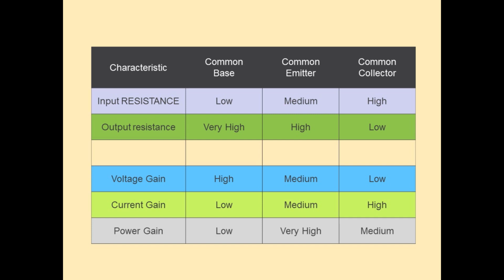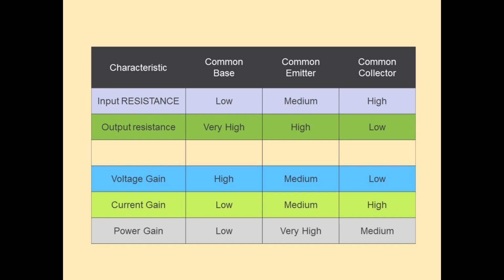In the case of common base configuration, current gain is low and voltage gain is high. In common collector configuration, there is low voltage gain and high current gain. And in common emitter configuration, both current gain and voltage gain are medium.